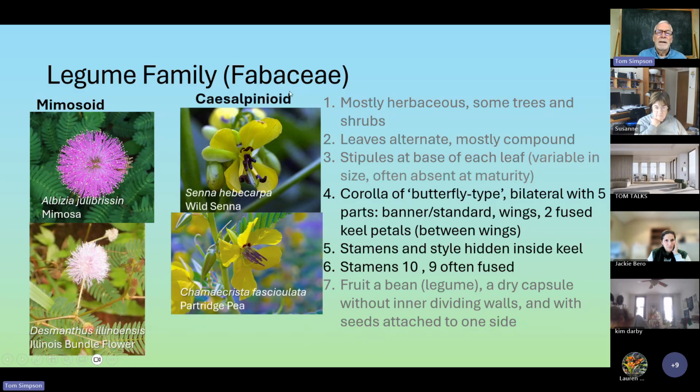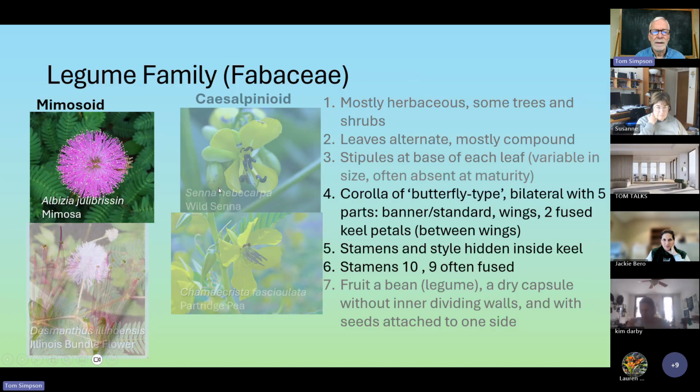Likewise, there's another small group of legumes, the caesalpinioid. Botanists just love multisyllabic terms. These are pretty plants. They're in the Chicago area. I don't think they're native right in McHenry County, but they're nearby, with a very different flower pattern.